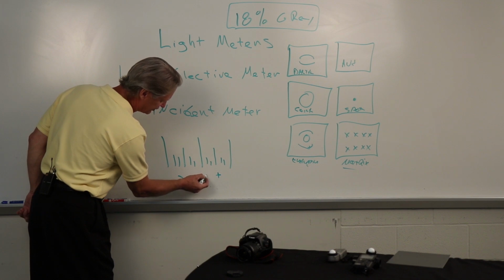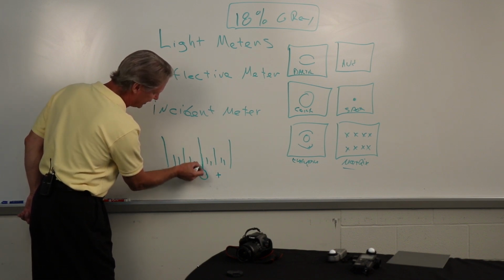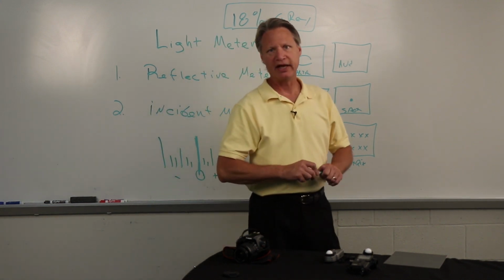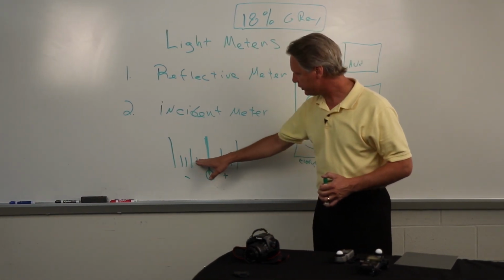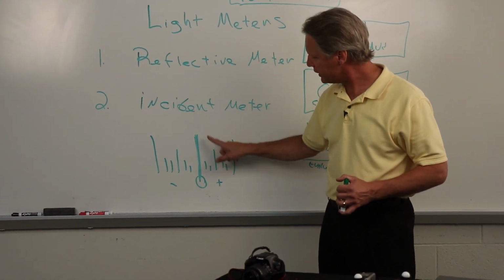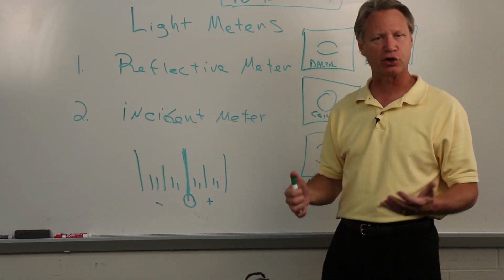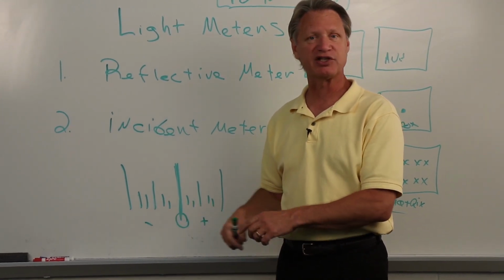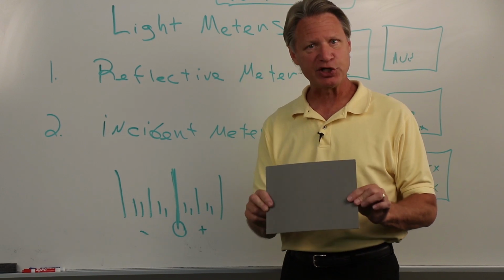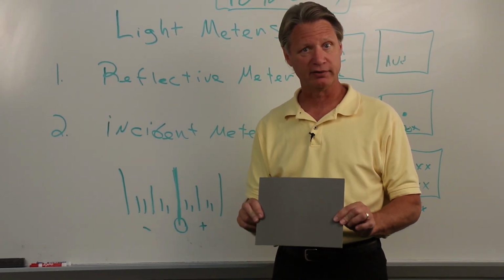And what you want to do is try to zero the meter or get it as close to this center line as possible. Okay? Don't worry if it's off just a little bit one way or the other, plus or minus a little bit. You want to try and get your meter as close to the center or zero as possible. And that's why trying to find a midtone to meter off of is critical, right?